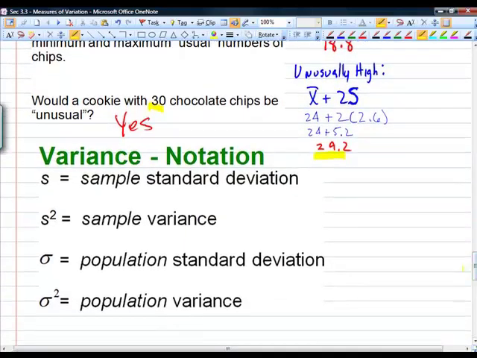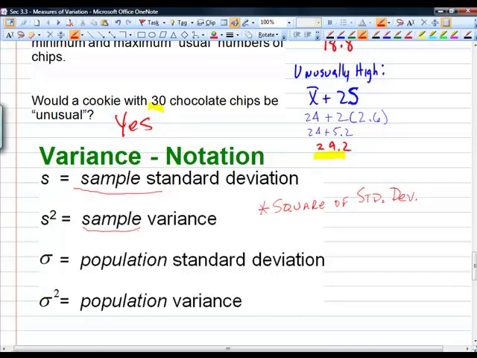Variance. The units on variance don't really make sense because variance is the square of the standard deviation. Remember we said in order to find the standard deviation we had to square whatever the units were, and then we took the square root and that gave us the standard deviation. So the units for the standard deviation are the same as for whatever your data measure, but for variance they're units squared.